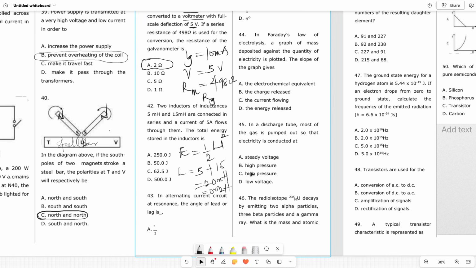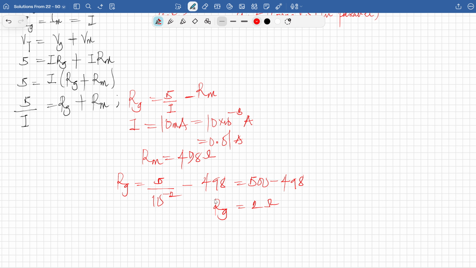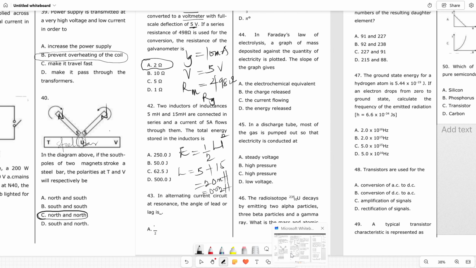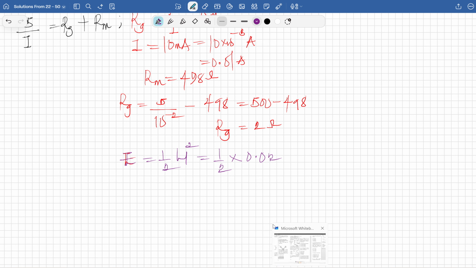Then I use the formula to get the energy that is being stored. To get the energy, E, remember I said E is equal to half Li squared, which is half multiplied by 0.02 for the total inductance when we sum up together, multiplied by the current, 5 squared.